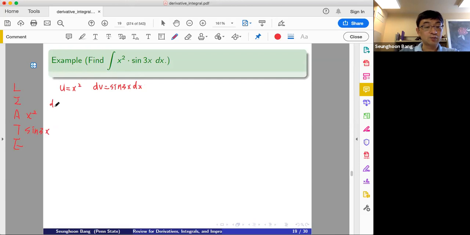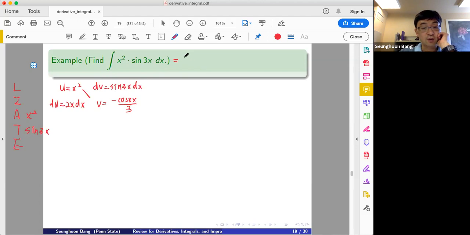Find du. du is 2x dx because x squared prime dx. What's v? v is the integral of sine. The integral of sine is negative cosine 3x over 3. So we have v. This one is first, u times v.